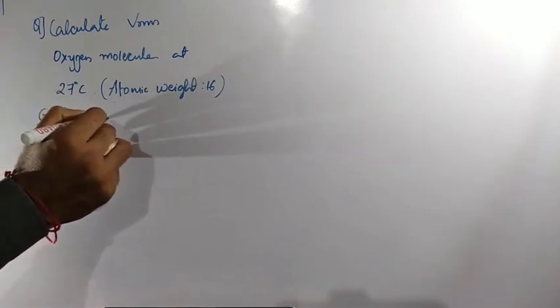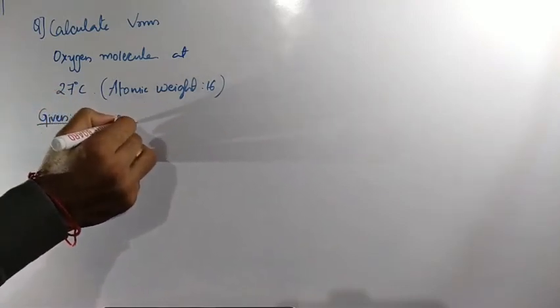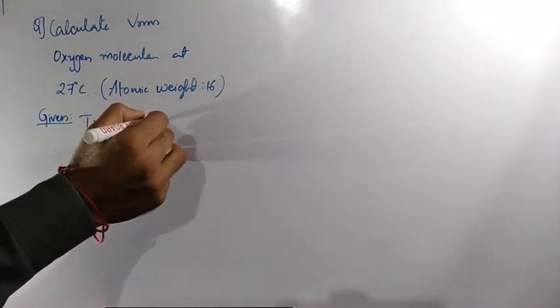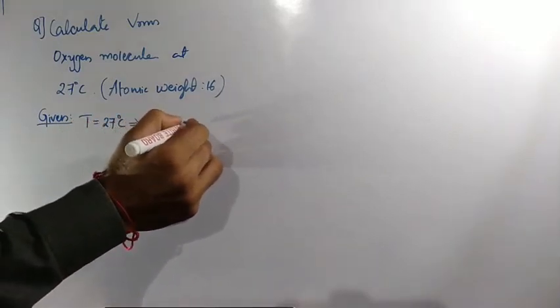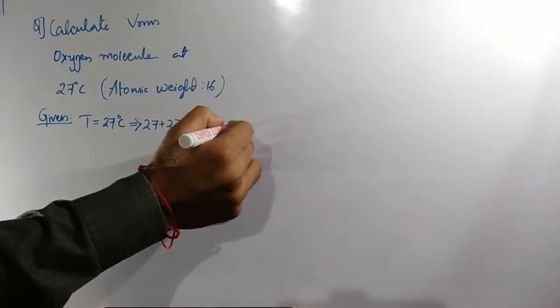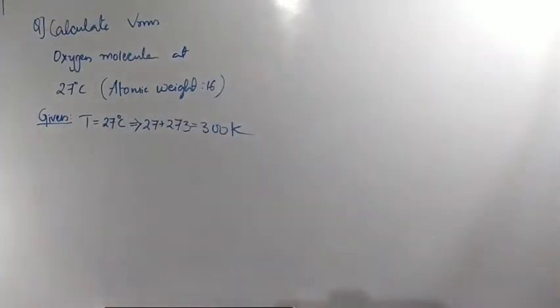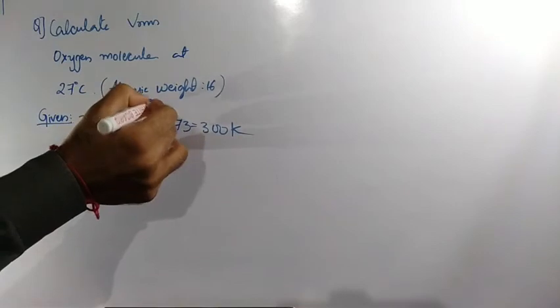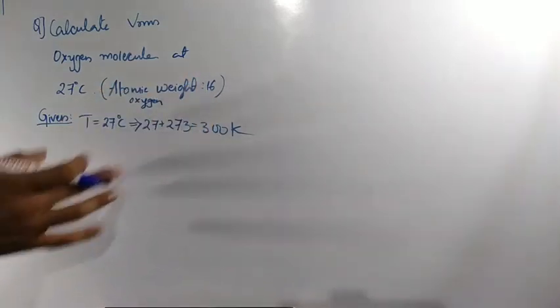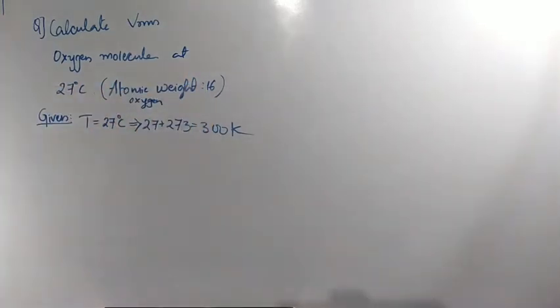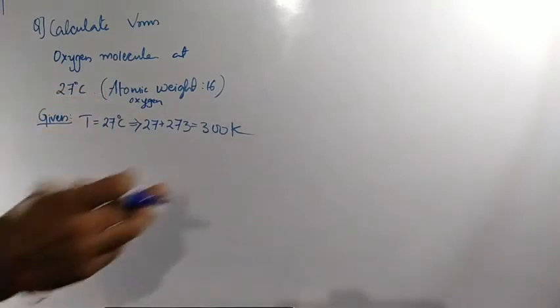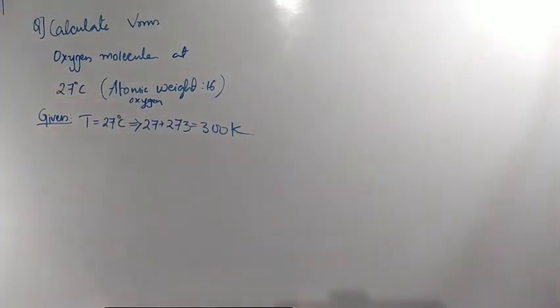T is equal to 27 degrees Celsius, which stands for 27 plus 273, which is nothing but 300 Kelvin. Okay. Next. Atomic weight of oxygen given. Okay, if you want to note down, otherwise leave it. Next. In the solution, better you note it down. Atomic weight of oxygen is equal to 16. Next.